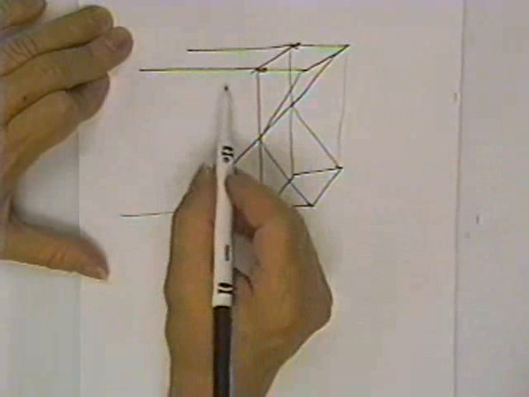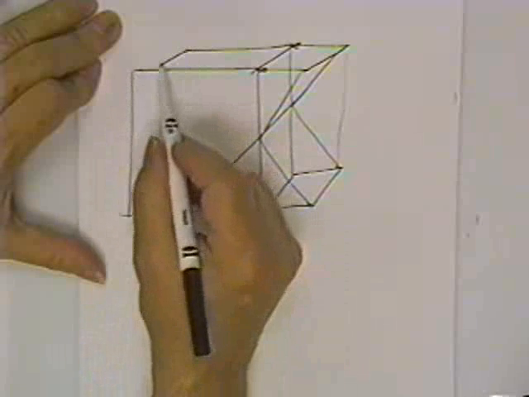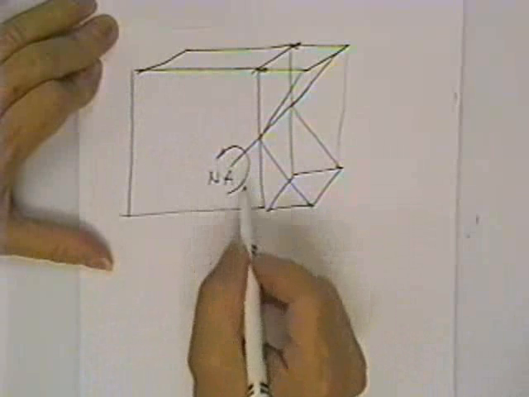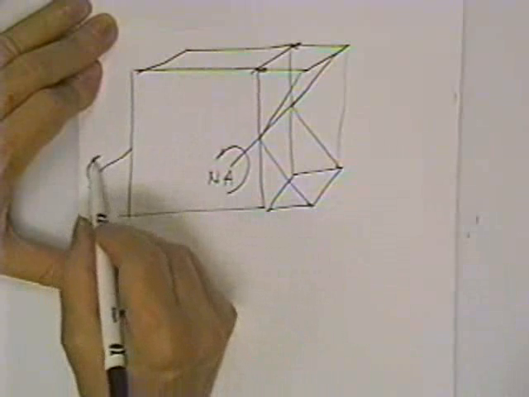Now what happens is, on most beams, if you cut out a little slice, the moment on this end is not necessarily the same as the moment on this end.